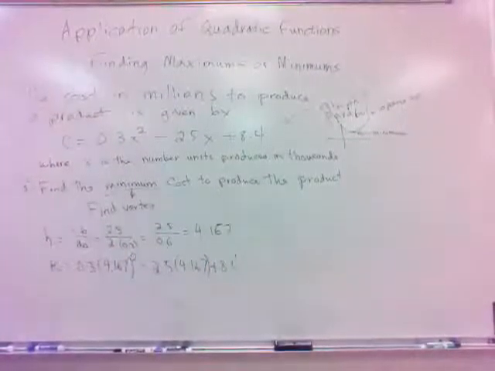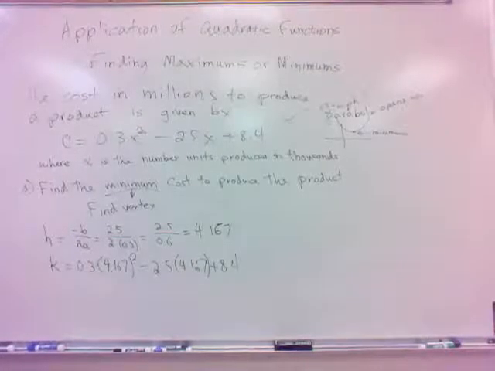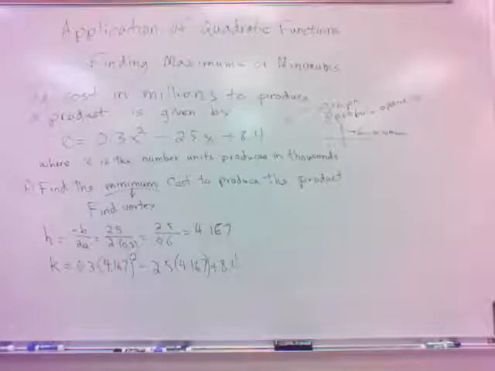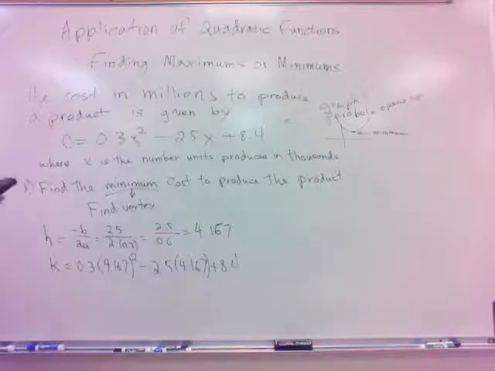That would give us k. I'm just going to plug that all in: 0.3 times 4.167 squared minus 2.5 times 4.167 plus 8.4. I get 3.19.